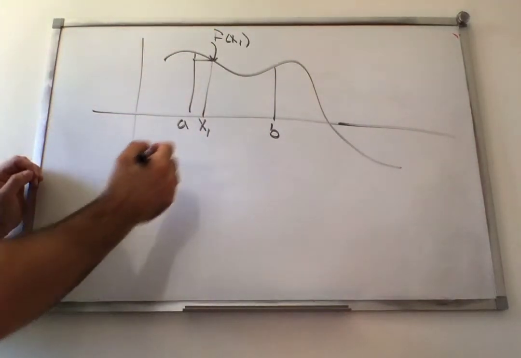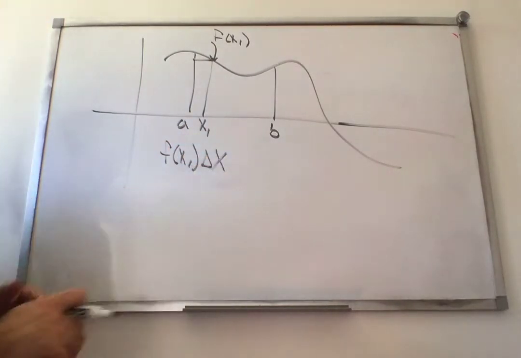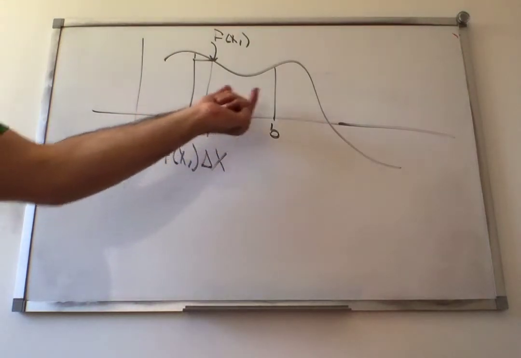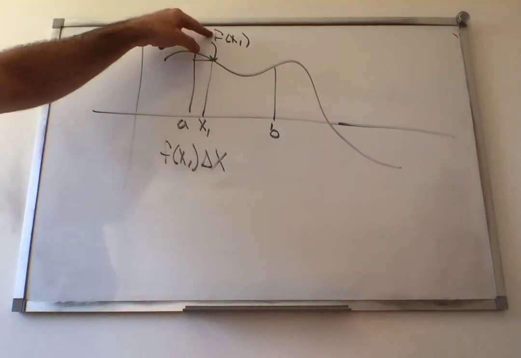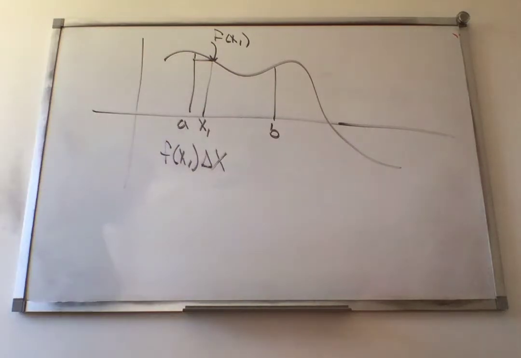So this rectangle right here would be f of x sub 1 times delta x. Delta x is always positive. It's the distance between the intervals. But f of x1, it's positive here. So the area of this rectangle is positive.